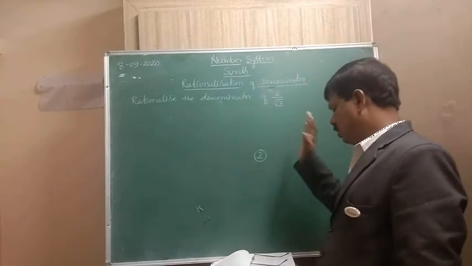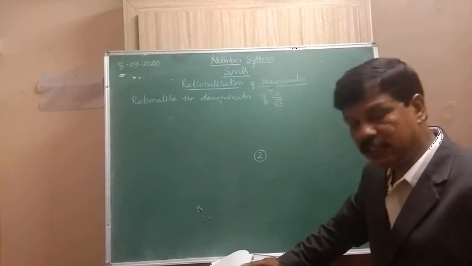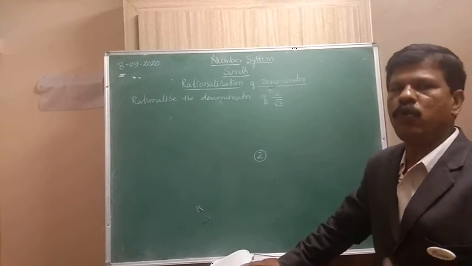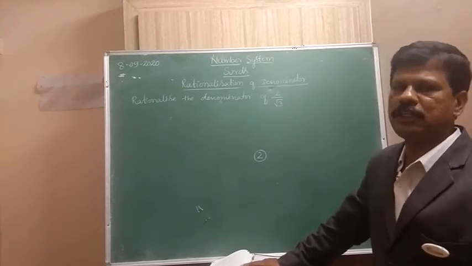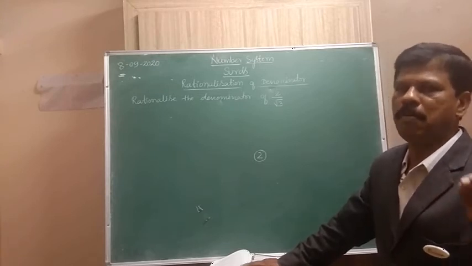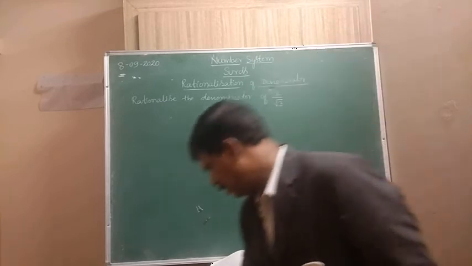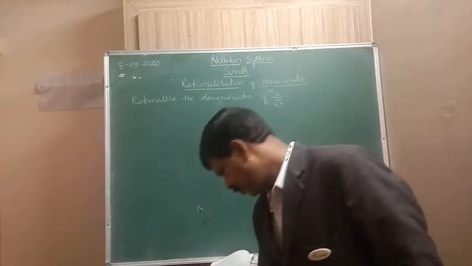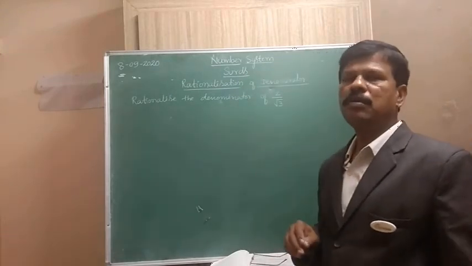So sometimes you will get an irrational number in the numerator. Okay, don't bother about the numerator. The numerator may be rational or irrational, but you should remove the irrational number, that means the square root symbol, in the denominator. So how to proceed with this? How to do the problem?